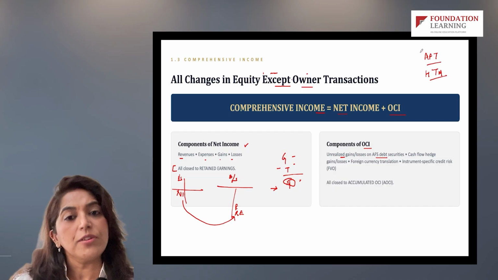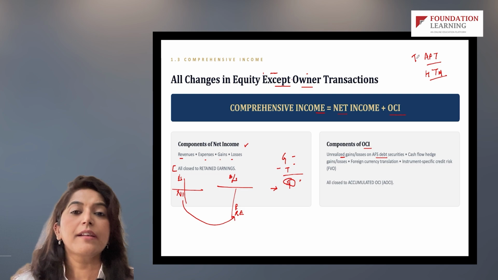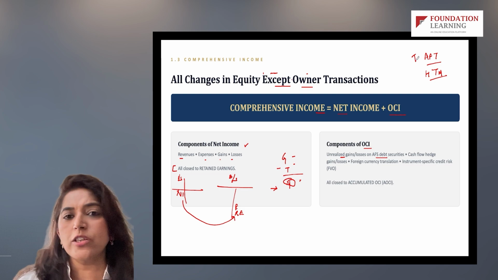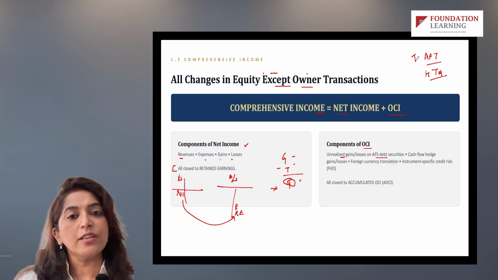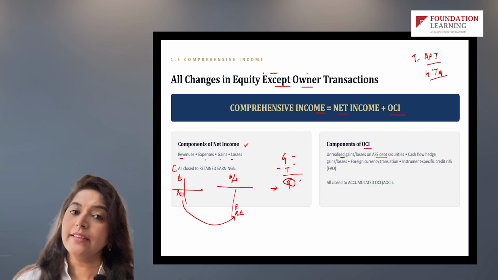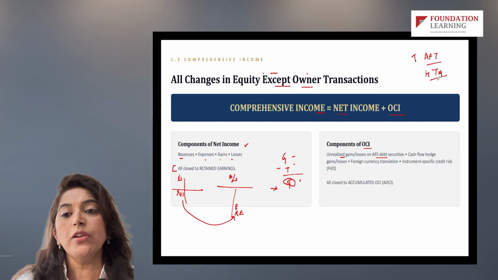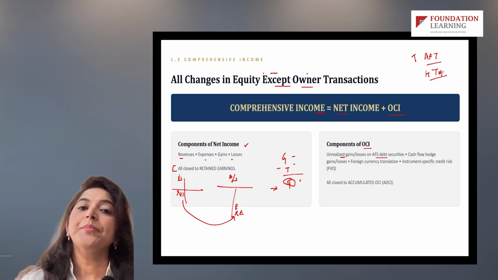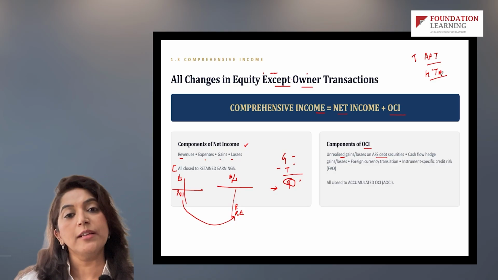So available for trading, or simply put, trading securities are those securities in which the company wants to make a short-term profit, sell the security and book the profit, right? The time horizon here is less than a year. When we look into held till maturity securities, here the company wants to hold the security till maturity.